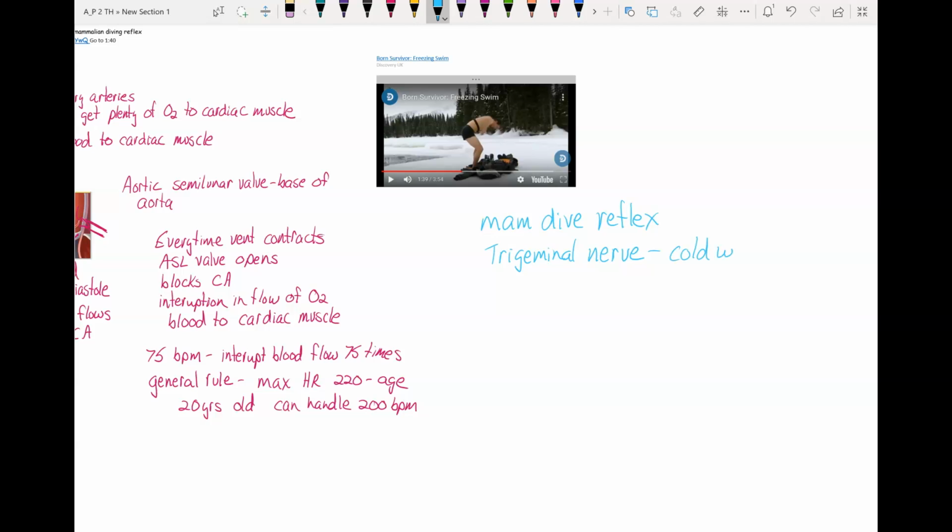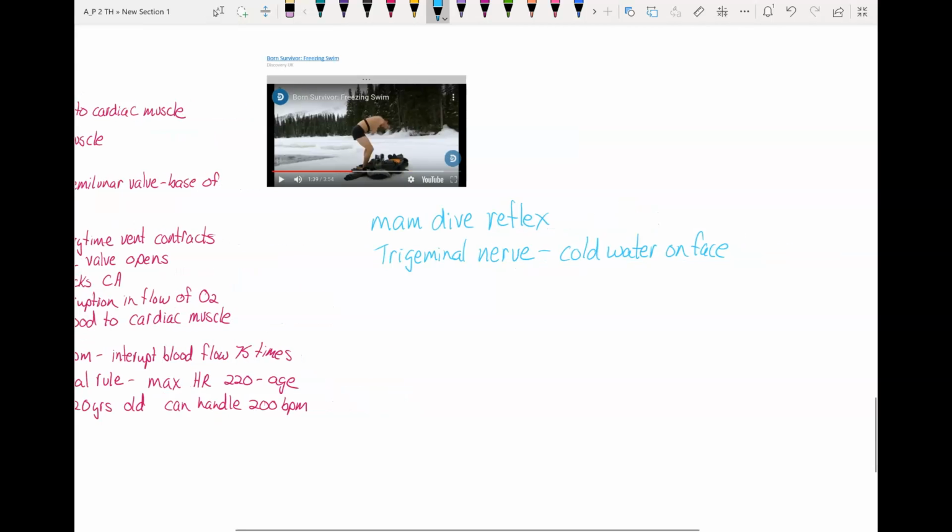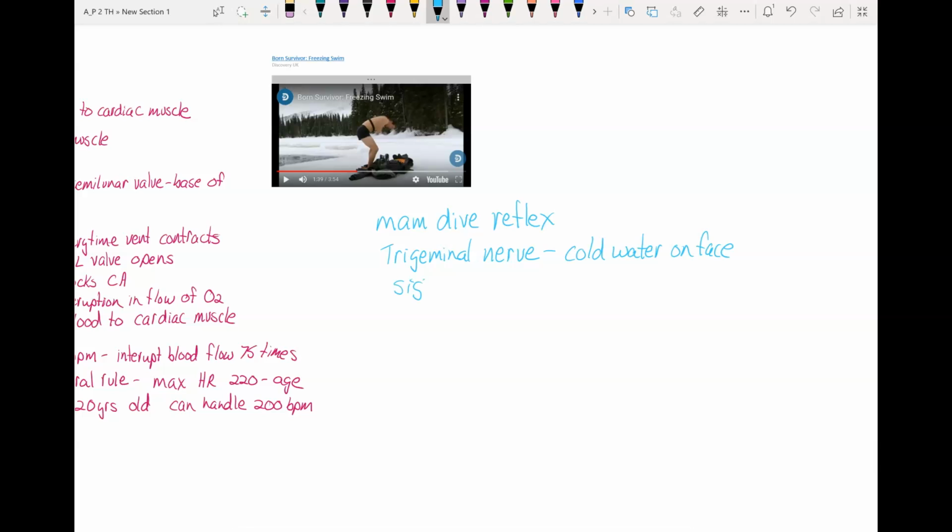So if cold water touches your face, your trigeminal nerve will send a signal to the medulla oblongata. And your medulla oblongata will then send a signal through the vagus nerve, hopefully you remember this one from chapter 13 also, to secrete acetylcholine onto your heart. And this will cause your heart to slow down.